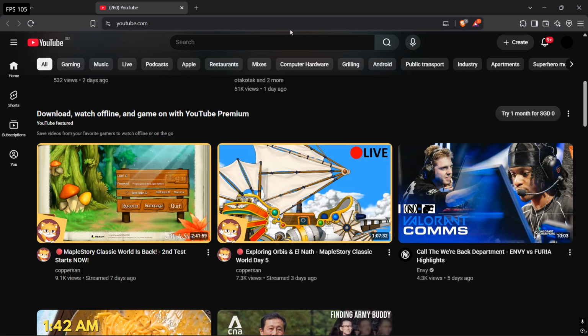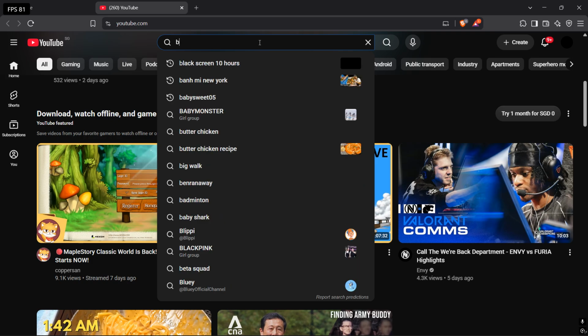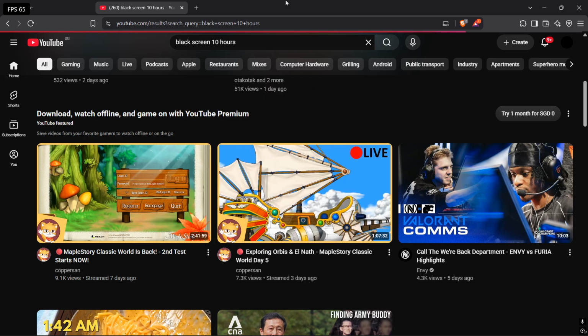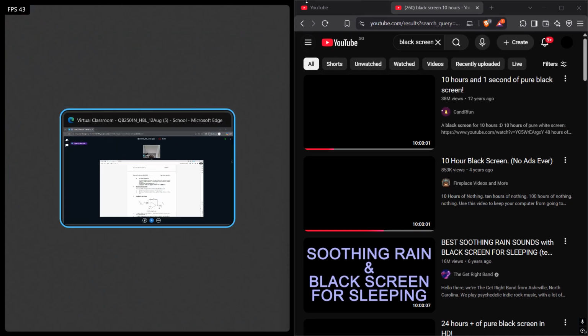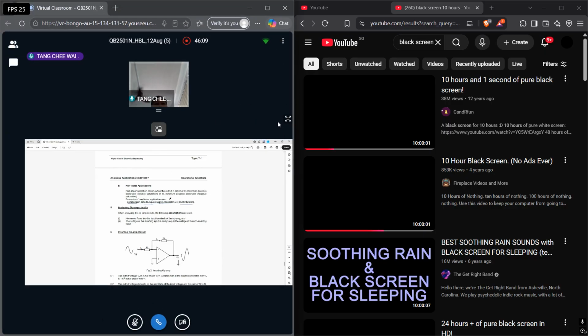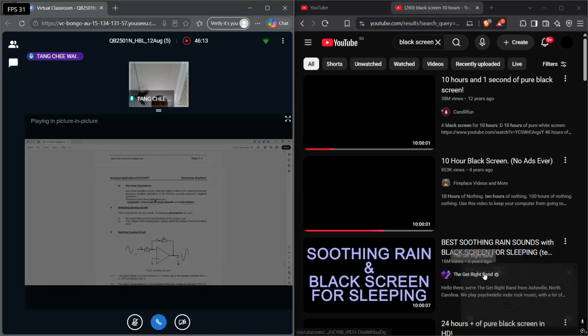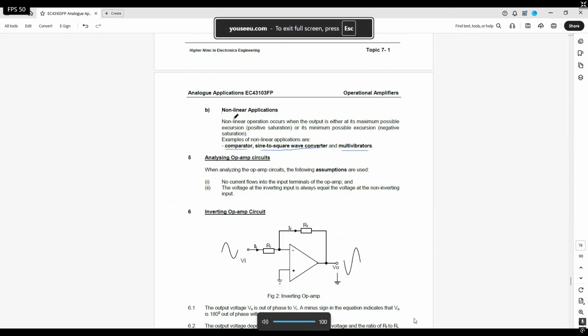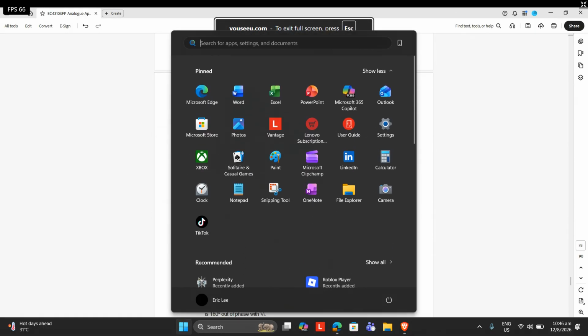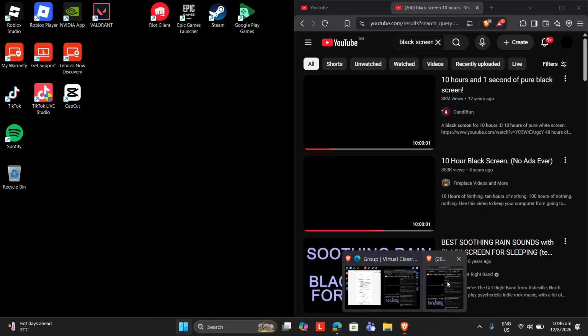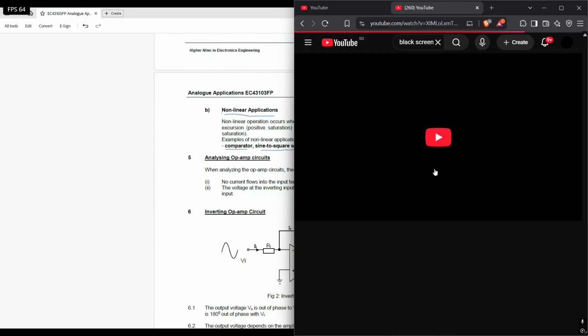These applications are non-linear because they have different states, not only just one state. That's the reason they call it non-linear application. So take note, just in case they ask for applications or non-linear applications of an op amp, remember at least 2 of them.